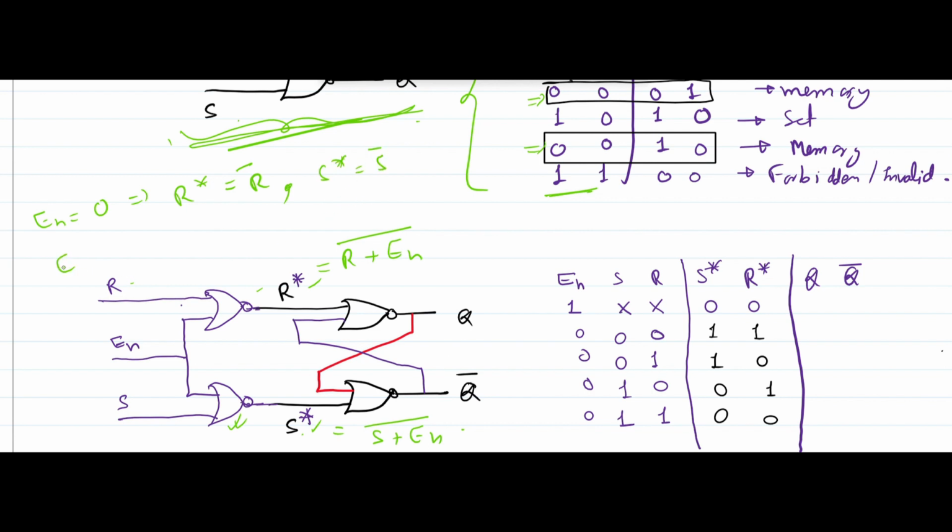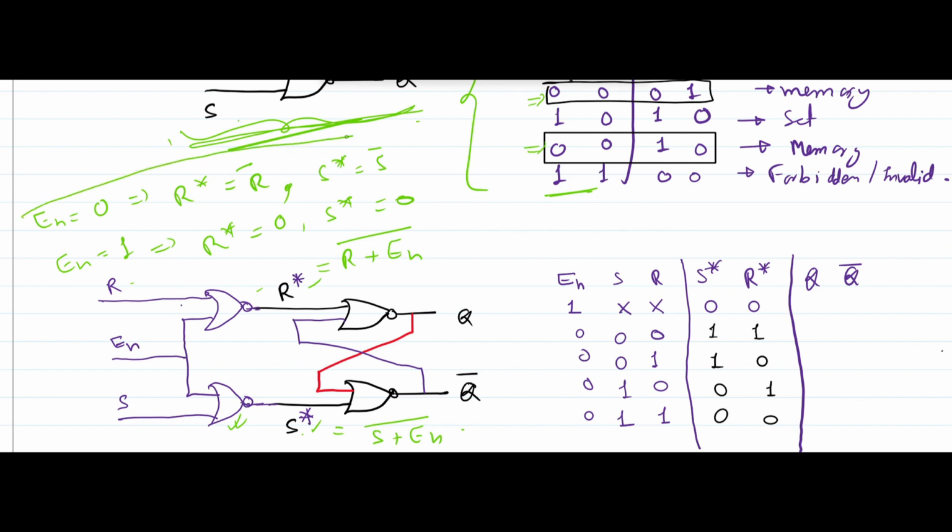And if my enable is 1, R star will be R plus 1. R plus 1 is 1, and 1's complement is 0. Similarly S star will be 0, because S plus 1 is 1 and 1's complement is 0.